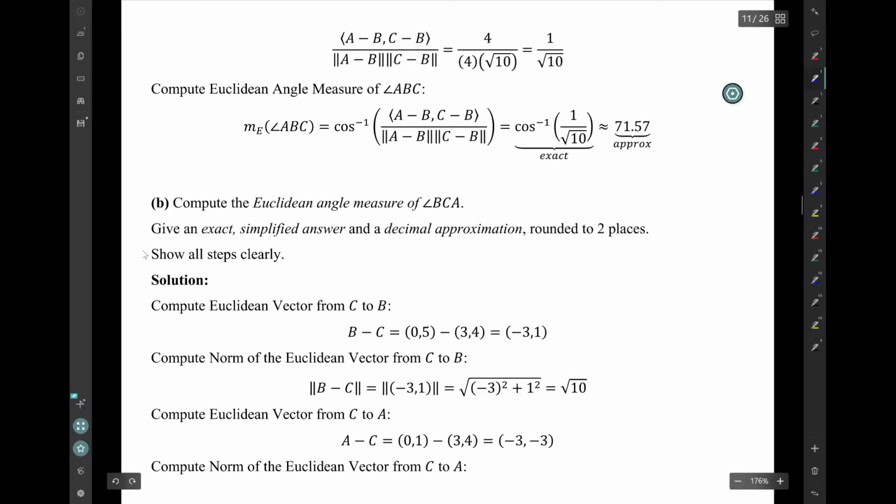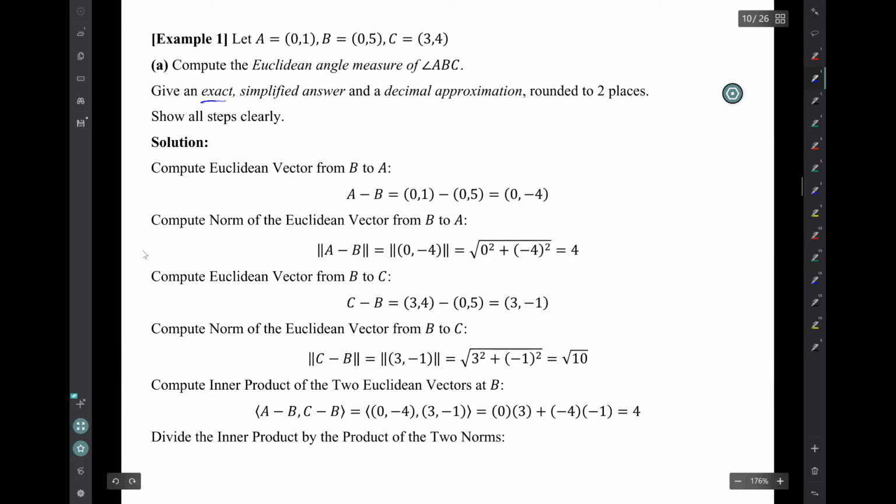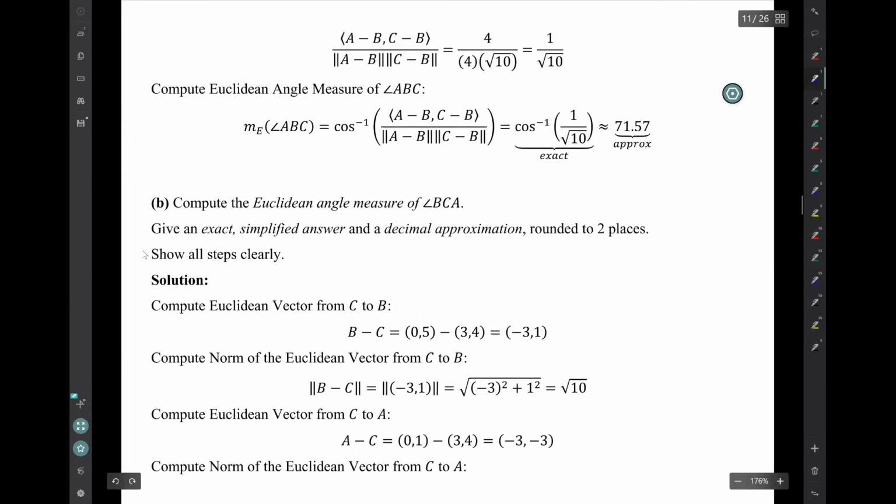So again, your instructions are to give an exact simplified answer and a decimal approximation. Notice that my answer is simplified. For instance, here, I simplified that expression to 1 over square root of 10. This expression is simplified. So the result of question A is there's this exact answer and there's this decimal approximation.